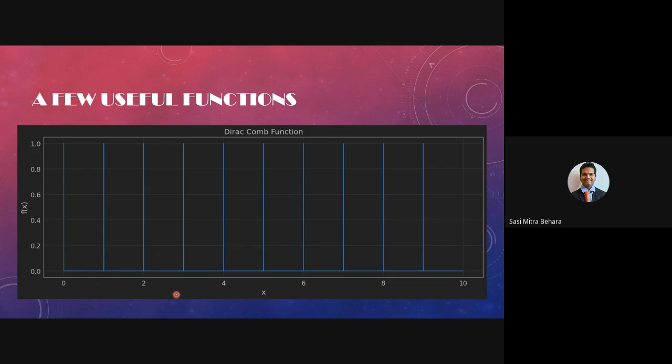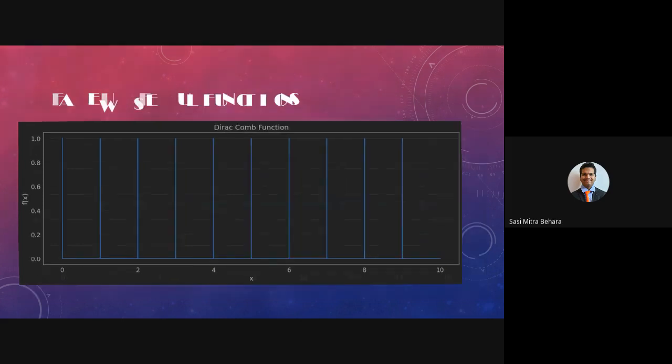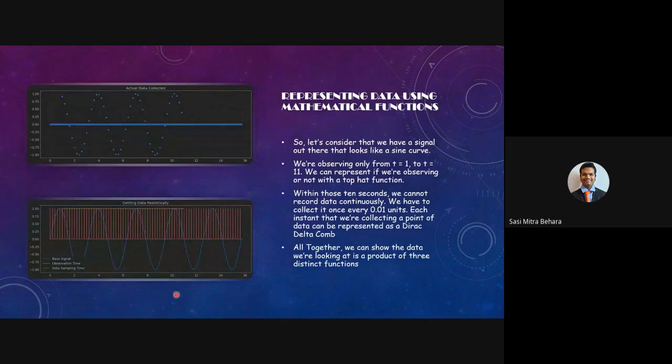Now, why do we need these functions specifically? We need them when we are trying to represent real world data using mathematical functions. In this graph, I have a base signal, whatever the source is, giving out information in the form of a sine wave.